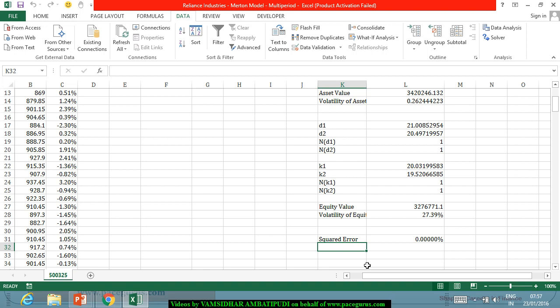Again, if I look at our probability of default in the next 5 years, or in the next 3.8 years, which is 1 minus ND1, I'm looking at both of them.